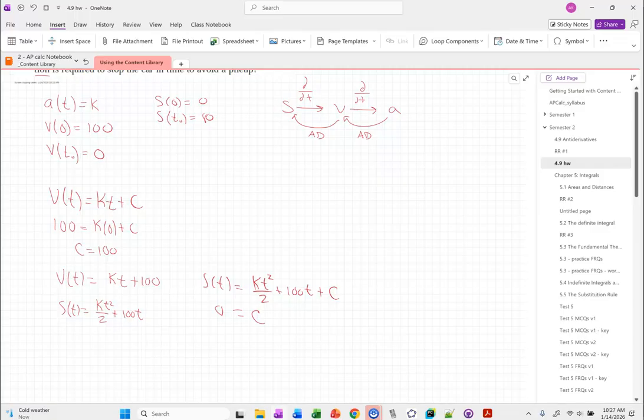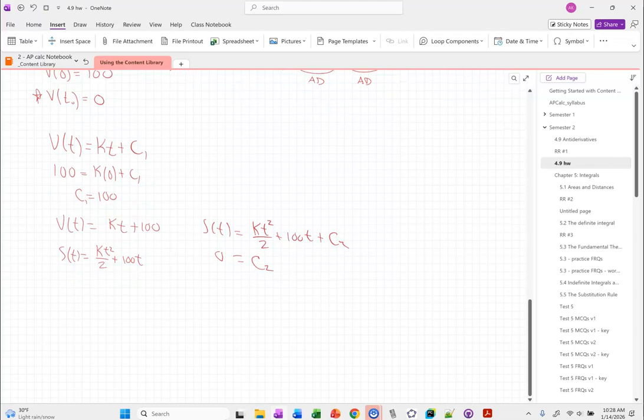And now I'm going to need these pieces. Why wouldn't it be plus C1 plus C2? Well, you could call this C1 and this C2, that's fine. Right, so C1 is 100 and C2 is 0. So that's fine, you can do that.